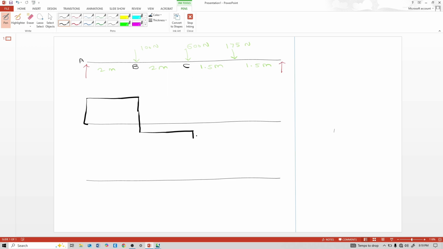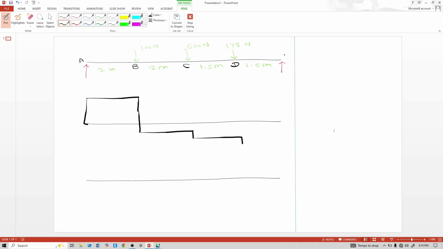And at point C it also suddenly drops due to the 600 kilonewton load. And from point C to D, in that 1.5 meter span, there is no load. That means a horizontal line. No load means shear is a horizontal line. At point D there is 175 kilonewton, so here it also drops, because this is a downward arrow.